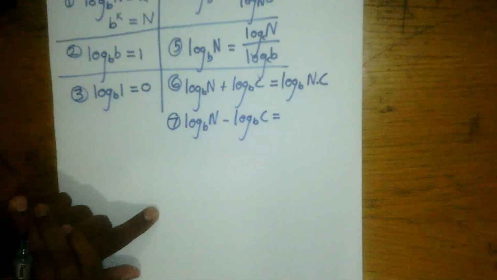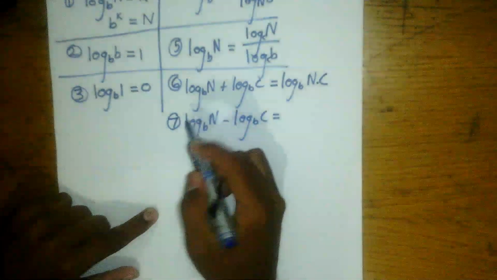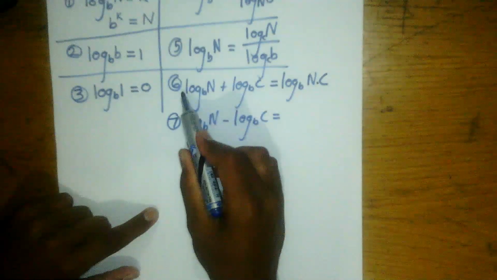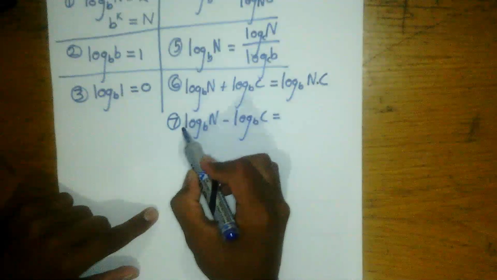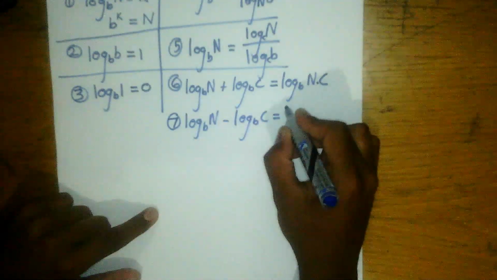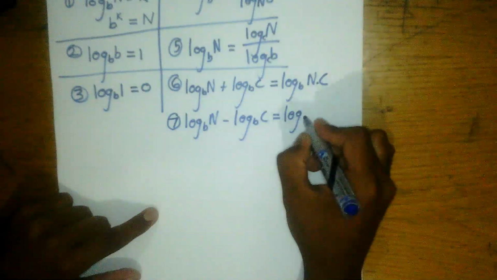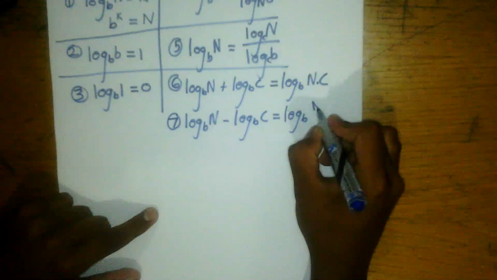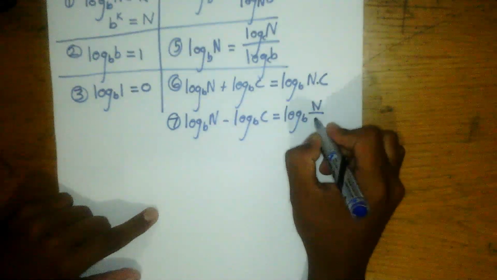So now what you must look at is the sign that's in front of the log itself. Here it's positive, here it's positive, here it's positive, here it's negative. So we do it like this. Log b of positive n over c.